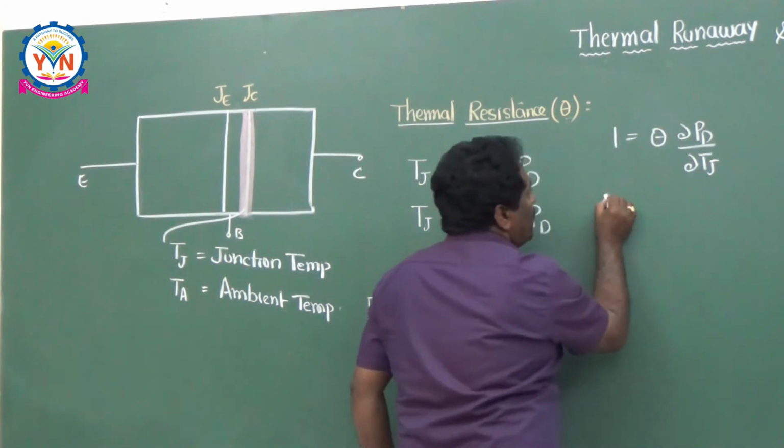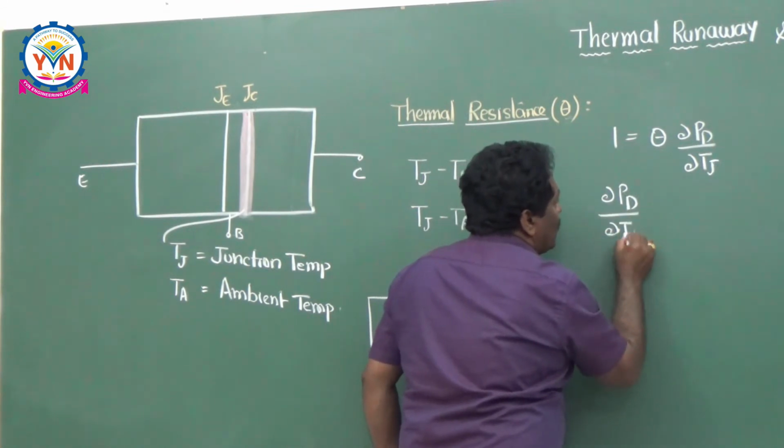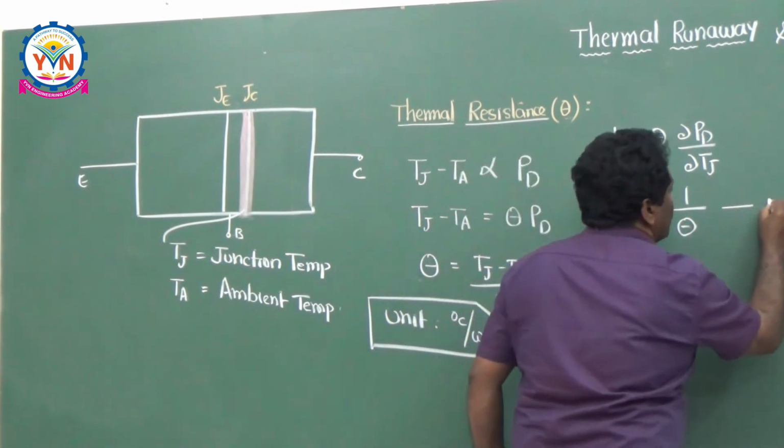Therefore, dou Pd by dou Tj is equal to 1 by theta, thermal resistance. Let this equation be 1.